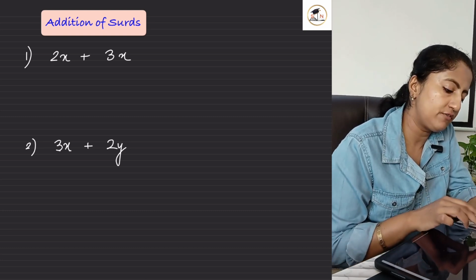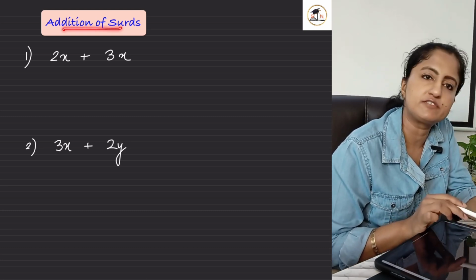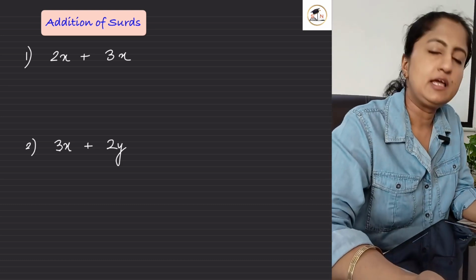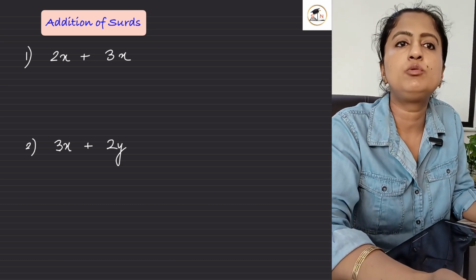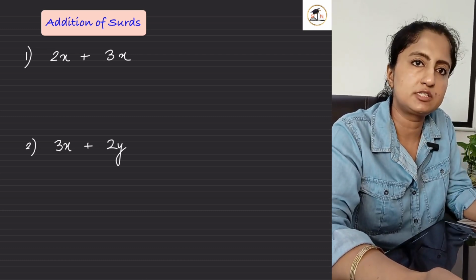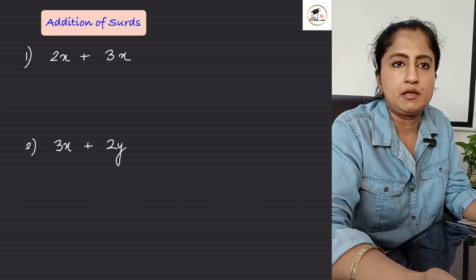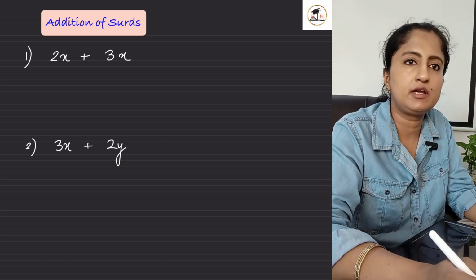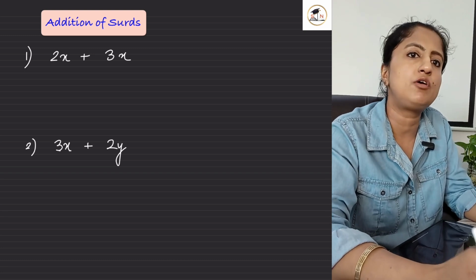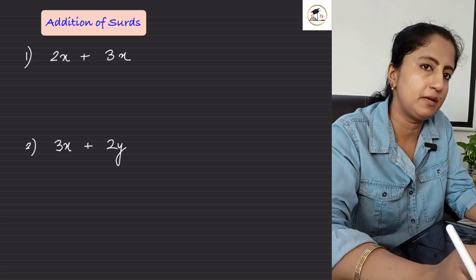Now, the first thing we need to talk about is addition of surds. Over here, what you can see on the screen are some examples with respect to variables, because I will explain how to operate on surds with the help of variables. By class 9th, you are already comfortable with addition, subtraction, multiplication or division between different variables, right?